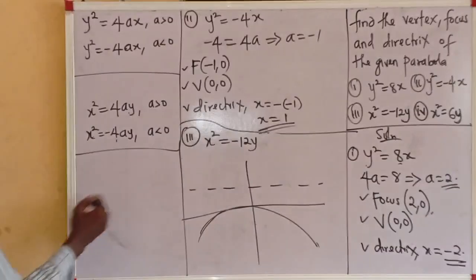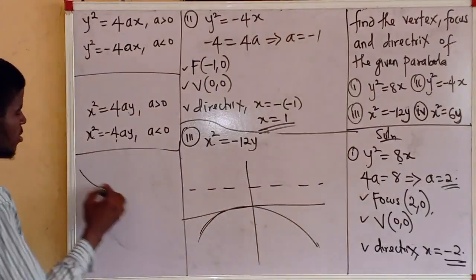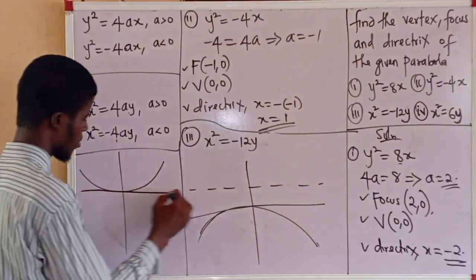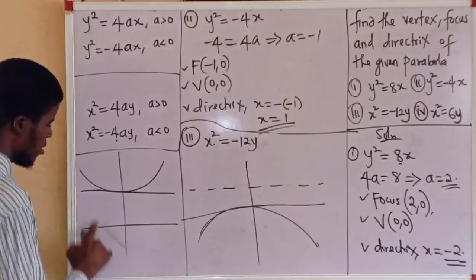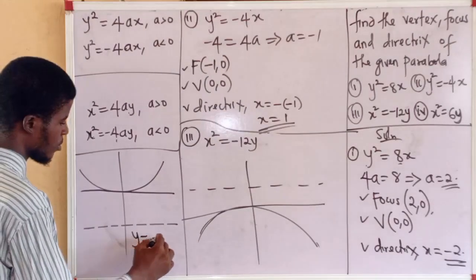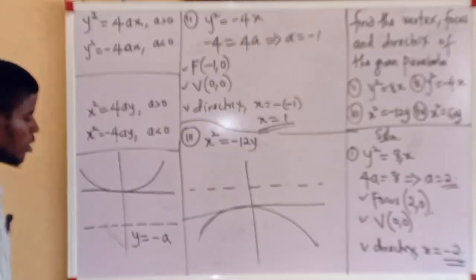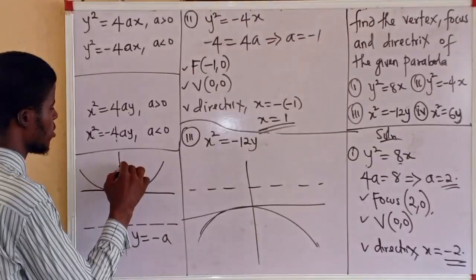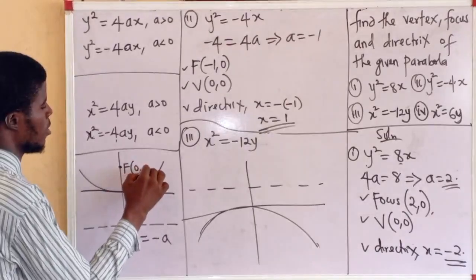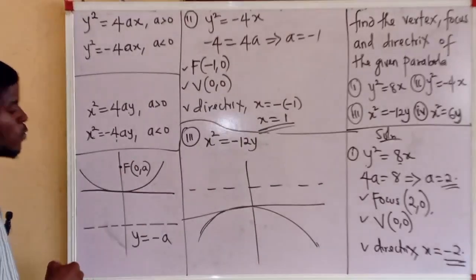Normally, the standard form here will have the parabola opening upwards. The directrix has the equation y equal to minus a. The focus is 0, comma a. That's the coordinate of the focus.